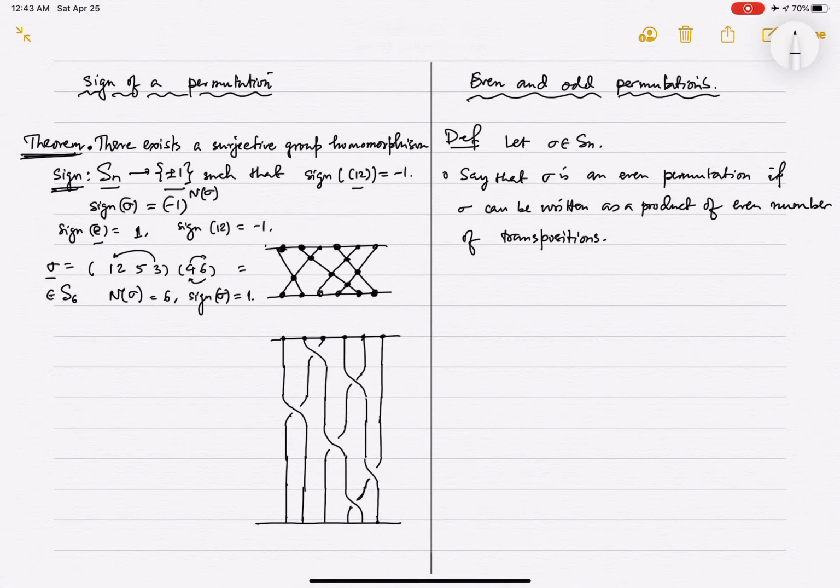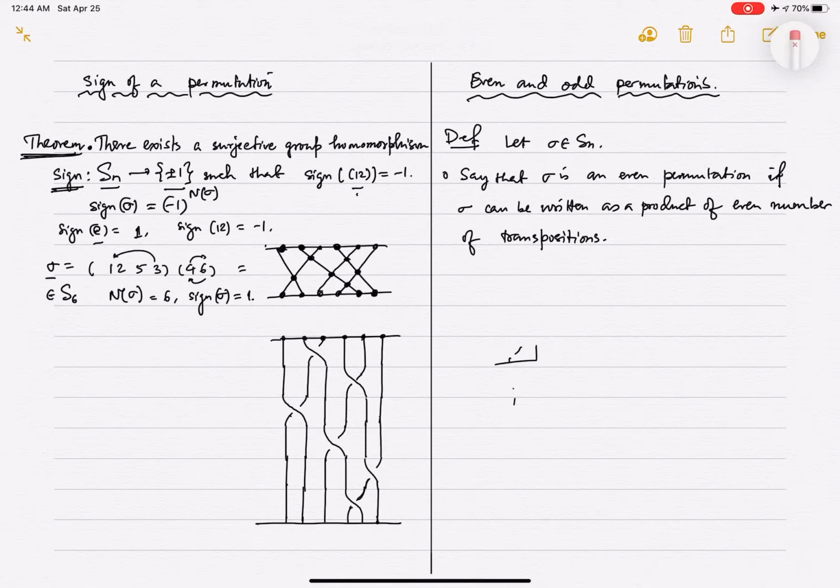By the way, one other thing that this graphical notation is good for is that it shows you why these transpositions or flips generate the permutation group, or rather why consecutive flips, like flipping 1 and 2, or flipping 2 and 3, just these generate the permutation group.